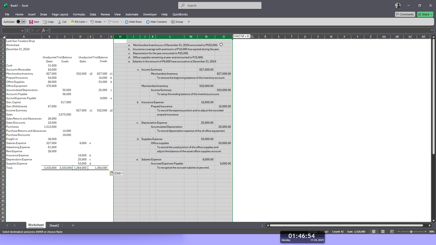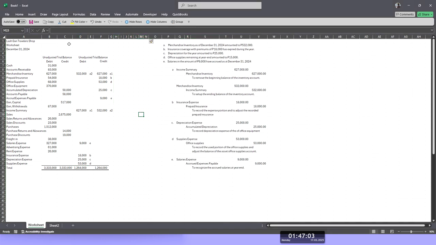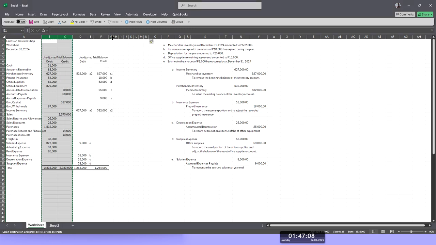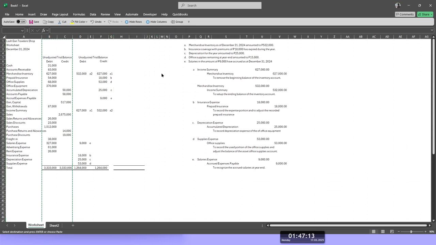Let's move forward to the adjusted trial balance pair of columns. So insert, and then make use of these columns. Copy and paste the formatting, and here we have adjusted trial balance, and then it should be debit and credit.